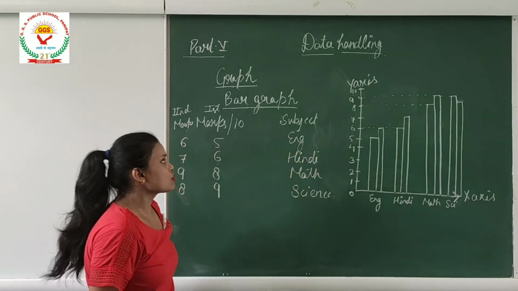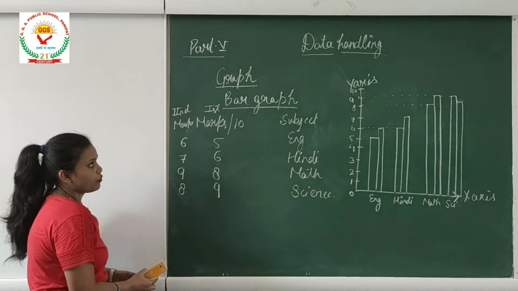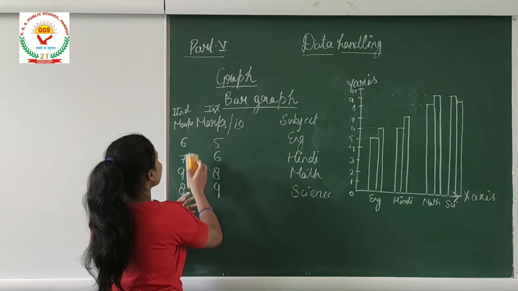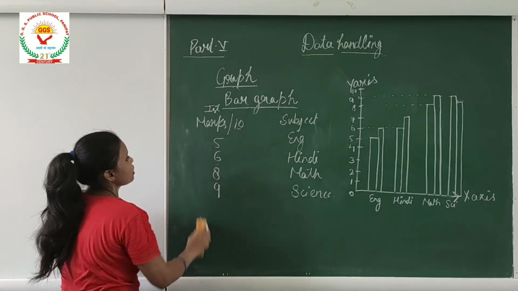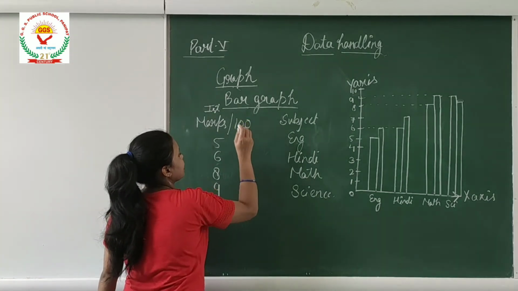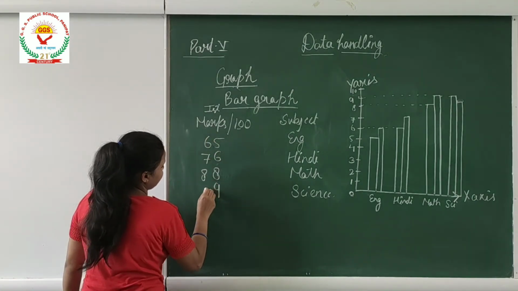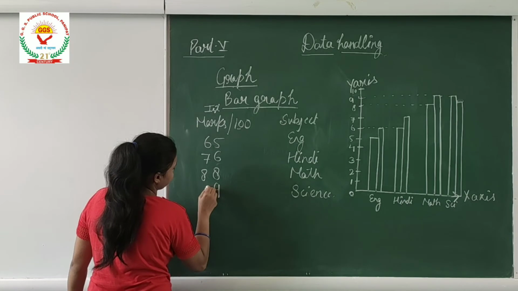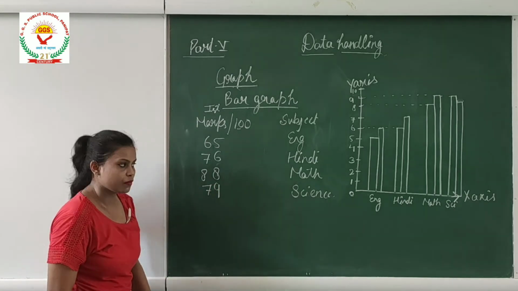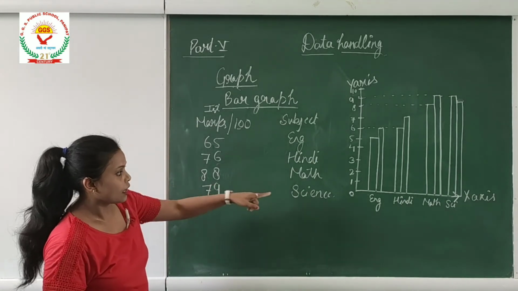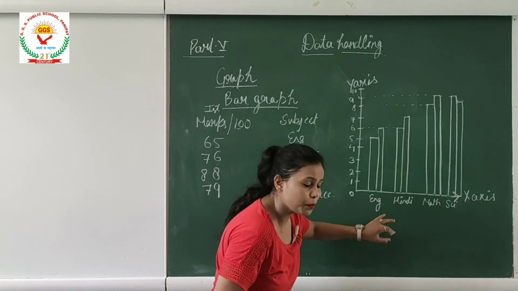Alright. Now suppose these marks are not out of 10, these are out of 100. So how will we represent this in bar graph form?